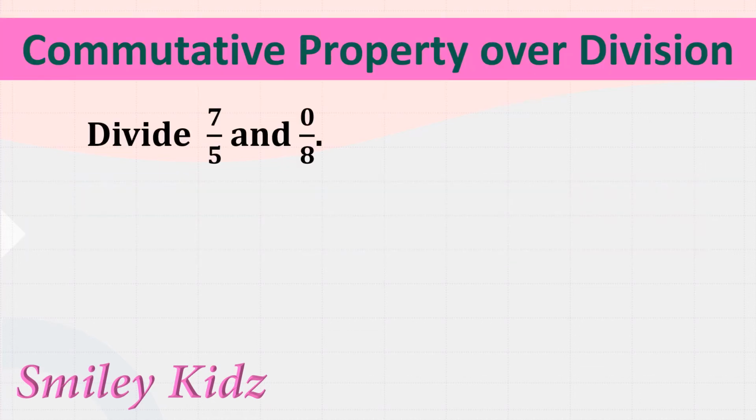Commutative property over division. The property is A divided by B is equal to B divided by A. Let's check whether this property is satisfied or not.